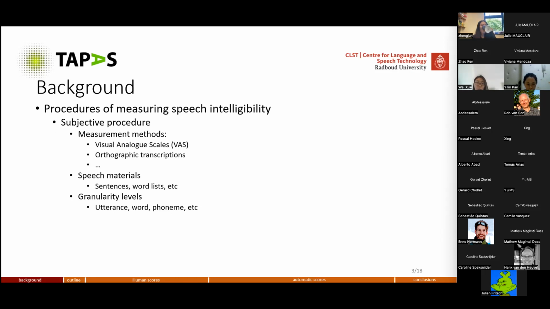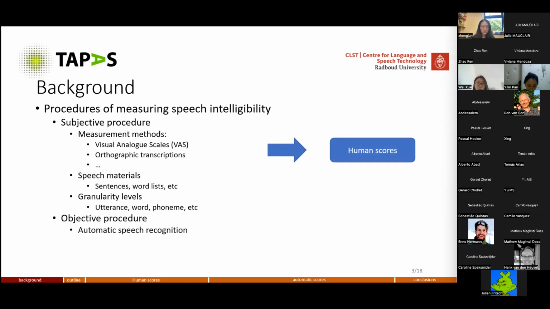This subjective procedure generates what we call the human scores. As you can imagine, such approach is very time-consuming and costly. Thus, clinicians and researchers are looking for objective procedures which can automatically generate speech intelligibility measures by using speech technologies such as automatic speech recognition you just heard from Zhengjun's presentation.